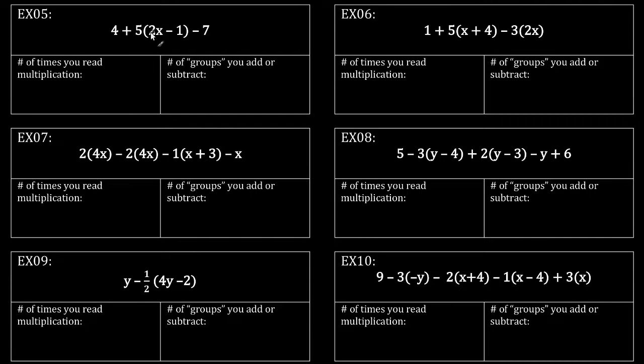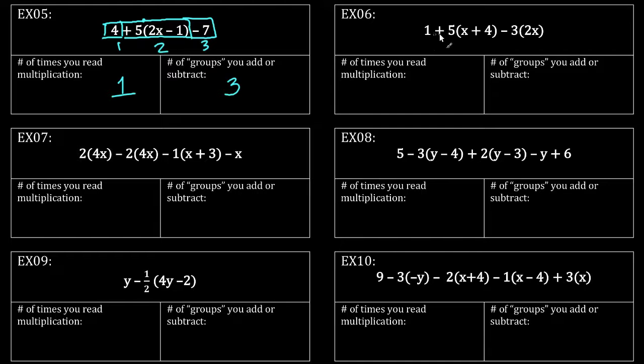Okay, so let's read this next one. 4 plus 5 times 2x minus 1 minus 7. 1 multiplication. We start off with 4, and then we add 5 times, so they're together, 2x minus 1, and then we take away 7. We have 1, 2, 3 groups.